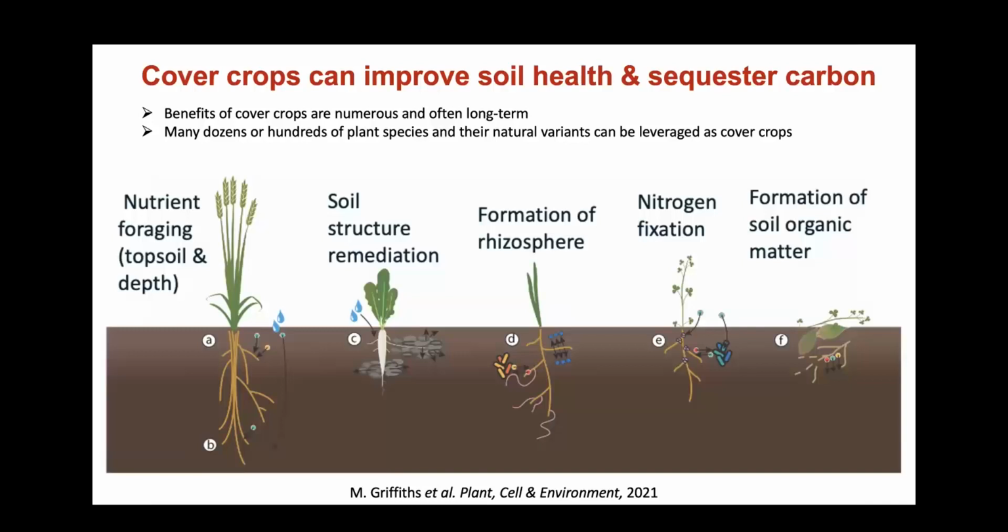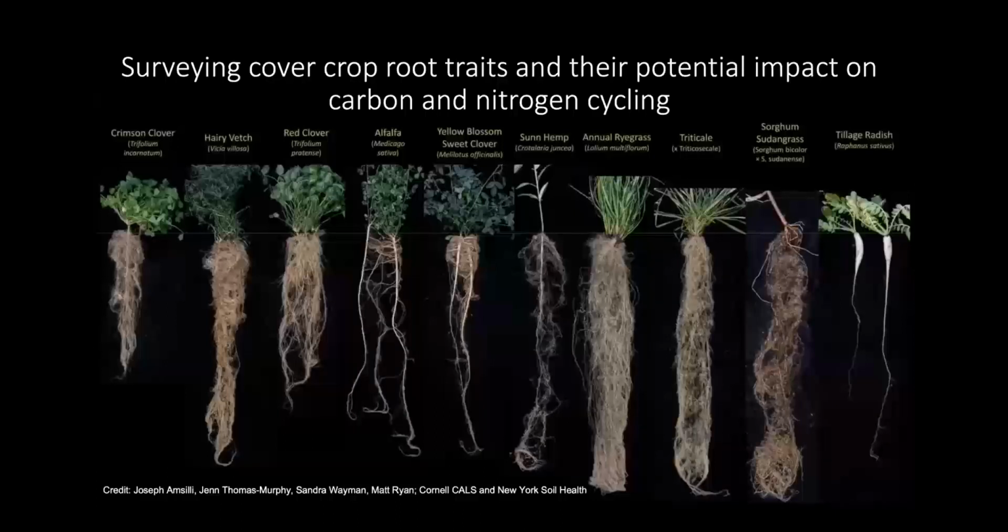It's hard enough to work with corn, and there's still a lot I don't know about corn, let alone all the grasses, all the brassicas, all the legumes. But again, a hard challenge is not a reason to not do it. It's actually a reason to do it. And there's awesome variation both above and below ground. Hopefully we can leverage this in some way.